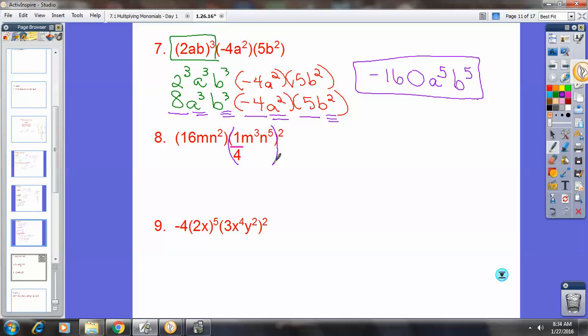The first parenthesis doesn't have anything to do to it, but the second parenthesis we can square everything. Just break down the first parenthesis. Now in the second parenthesis, I'm going to square everything. So when we square 1/4, you're going to square the 1. 1 squared is 1. And 4 squared is 4 times 4? 16. So we have 1/16.